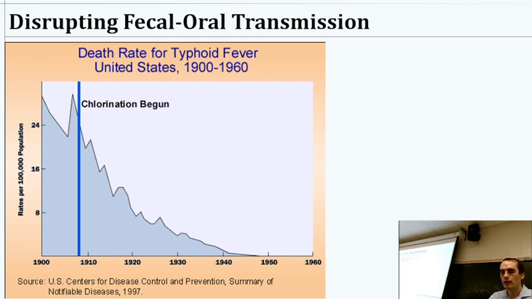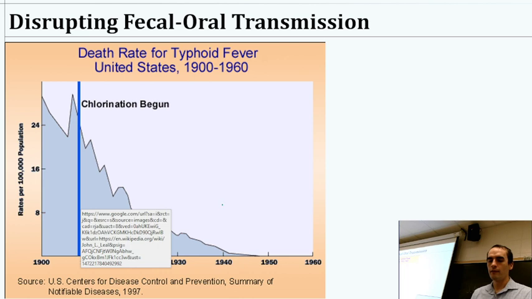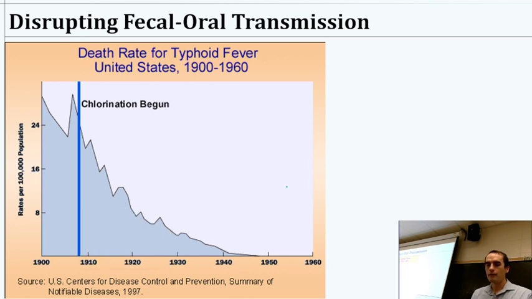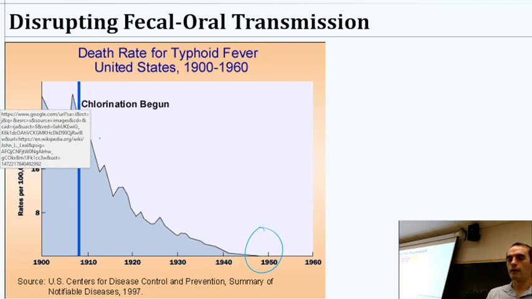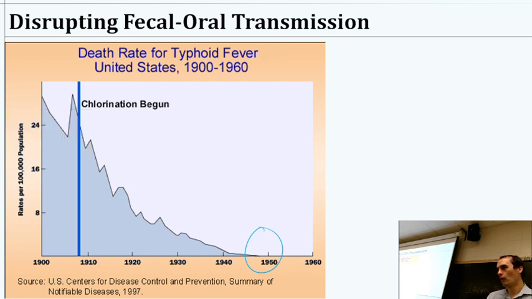So just a little bit more here on the fecal oral route of transmission. We know that it's really important. Typhoid fever, for example, is a big one that once we started chlorinating and really got control in the U.S. of our water supplies, by the 1950s it was pretty much gone, right? And we saw it when we started chlorinating, and the more sanitation infrastructure we had, it was dropping rapidly, right?